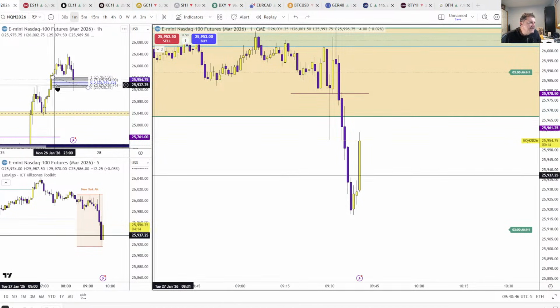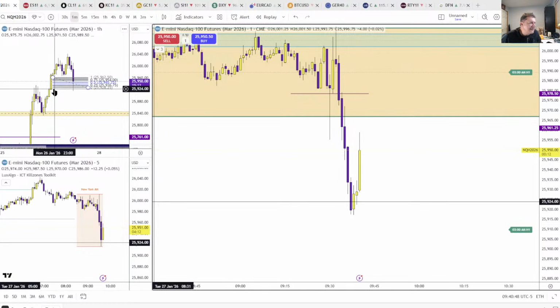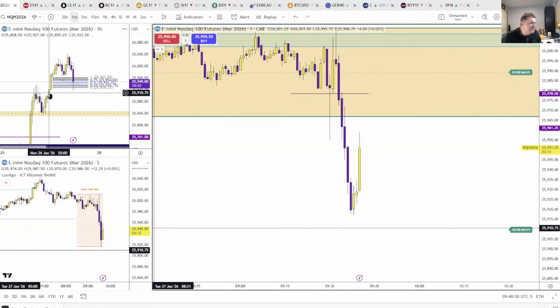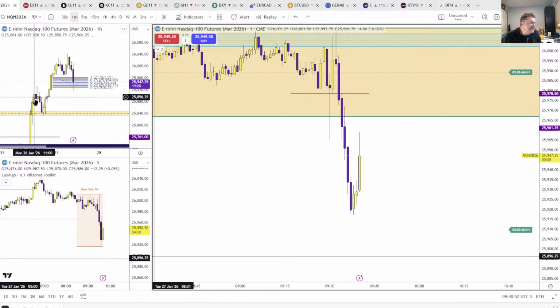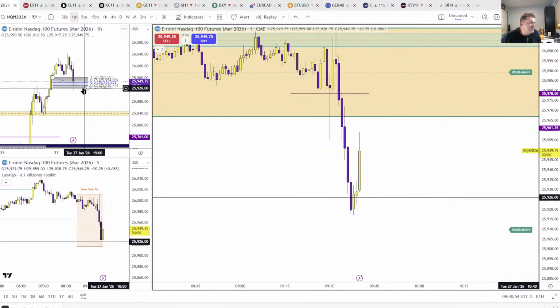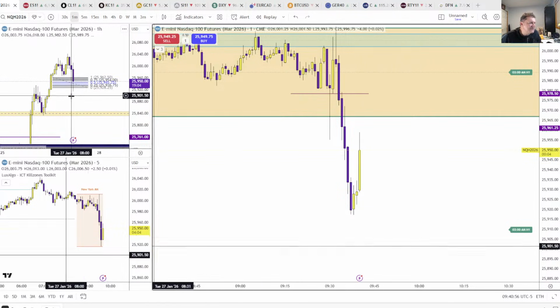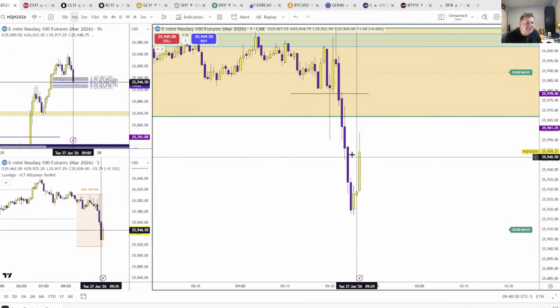Just came back into the highs, filled that fair value gap, just tagged inside the second one, but did not give you your deeper run. You're definitely over 50%, just shy of 62% retracement.